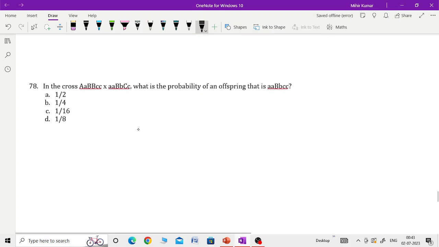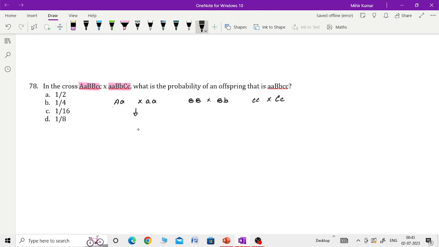Question 28. That is a too easy question. When you find this type of question, just break this genotype into small parts: capital A small a crossed with small a small a; capital B small b crossed with capital B small b; and small c crossed with capital C small c.